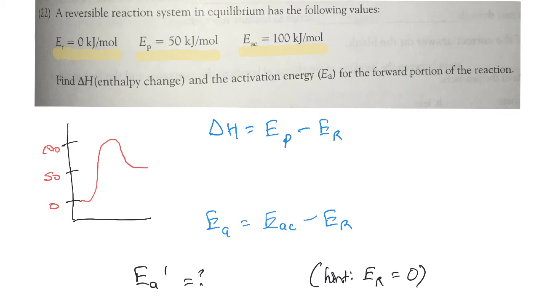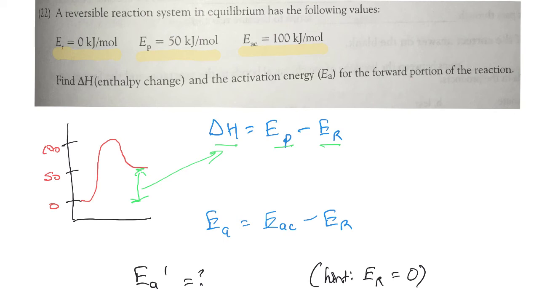So think about what this means. The delta H is the products minus the reactants, so that would be the difference between here and here. Let me quickly change out the color here, and I'll use yellow.